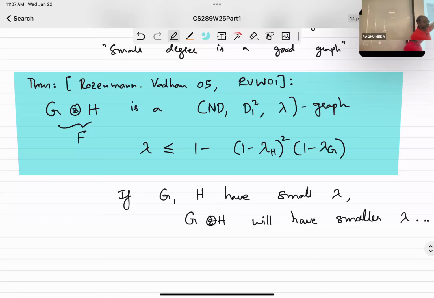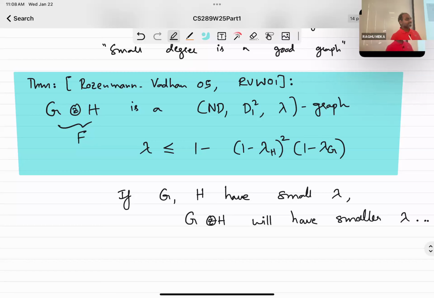What is this normalized adjacency matrix? Because that's what we need to compute the second largest eigenvalue, okay? So writing down the adjacency matrix of F directly is complicated, but there's a nice way to break it up, okay? And we can draw inspiration from what happened for the square of a graph.